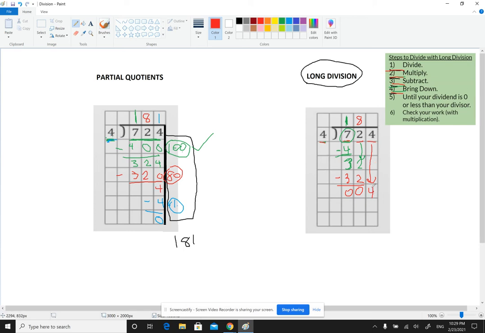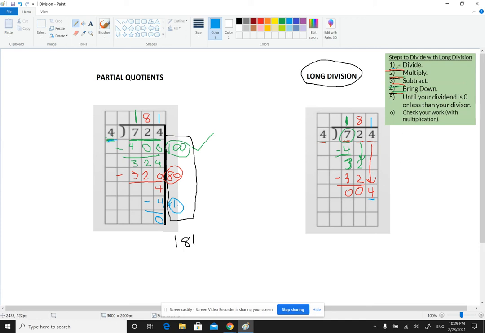So let's see. Now I brought down my 4 and I am dividing 4. How many groups of 4 can we make from 4? So I'm dividing 4 divided by 4. I know that one group can be made, right? One group can be made of 4 if I only have 4.